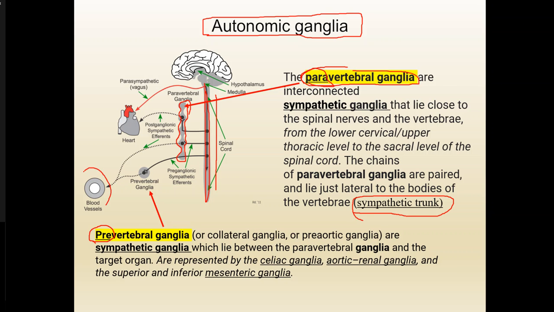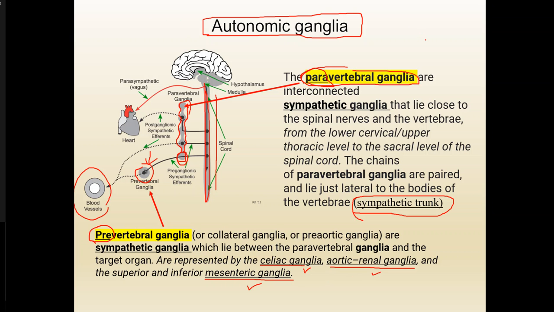For instance, this could be a blood vessel, and you see how they are positioned in between that target organ and your paravertebral ganglia. They're right here. They're in between, so they're prevertebral, if you will. And these consist of specific ganglia that we can name already: the celiac ganglia, the aorticorenal ganglia, and the superior and inferior mesenteric ganglia. You kind of have to remember these names. I know it's a lot, but this is what it is.